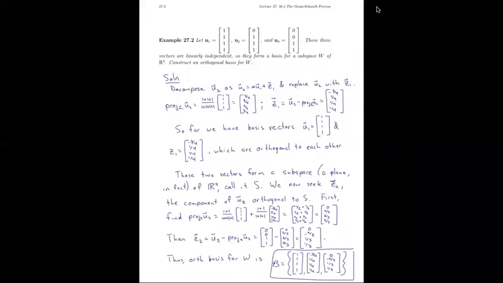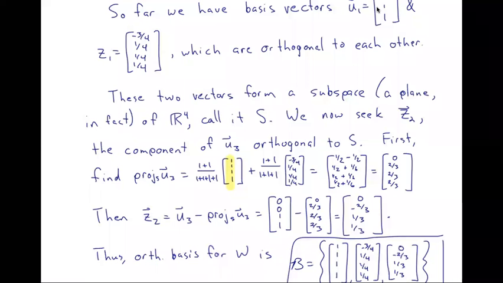So now what we need to do is take U3 minus its projection onto the space S. So we need to calculate U3's projection onto the space S. And remember that that now involves two vectors, right? The first vector we added to our orthogonal basis, and the second vector that we added to our orthogonal basis.